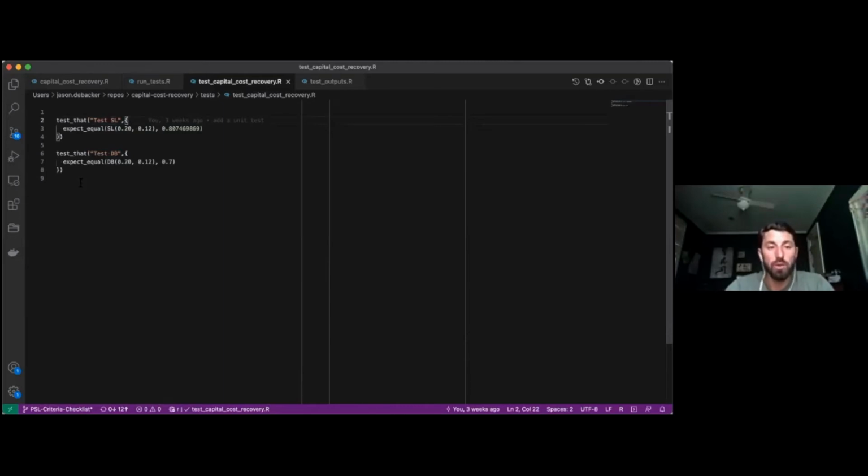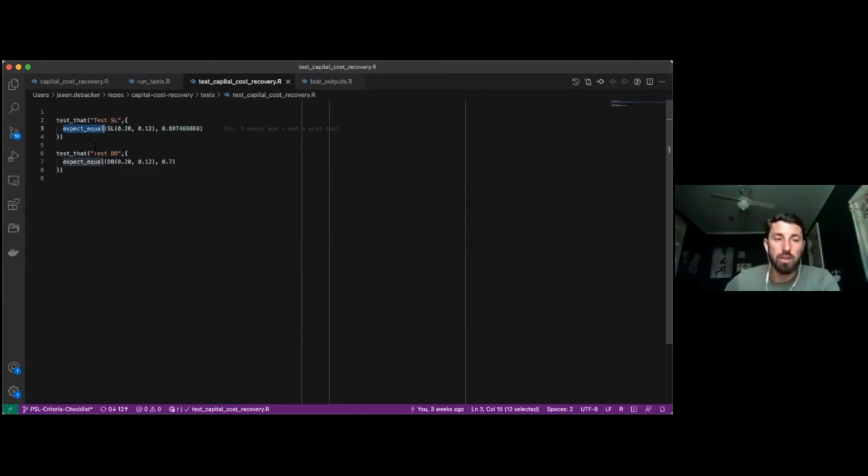Here what I'm doing is using the expect_equal function in R. This is in the base R library, and expect_equal takes two arguments. I'm passing as the first argument the SL function with specific input values.